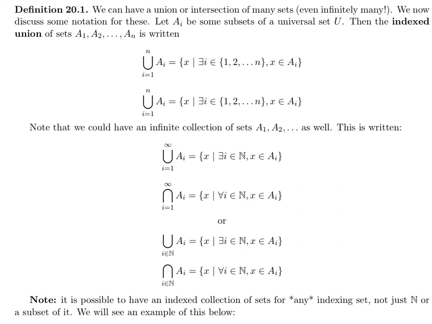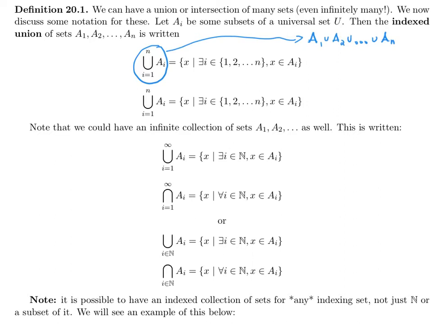And if you look at it, it might remind you of that summation notation here. So what this means is we're taking the union of sets A1 through AN. So it looks like A1 union A2 union A3, A4, whatever, all the way up to AN, depending on what N is.